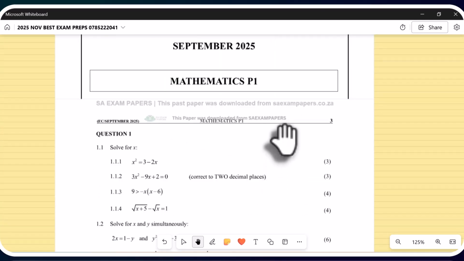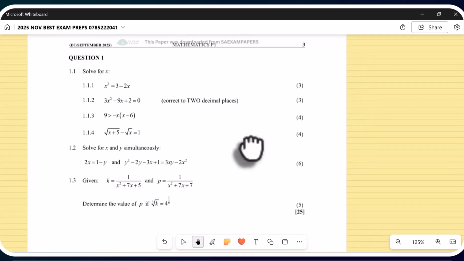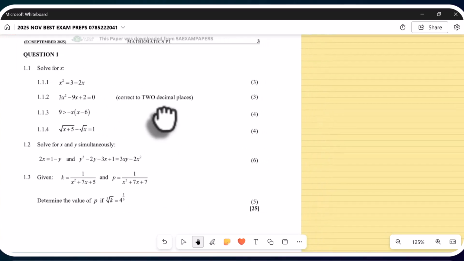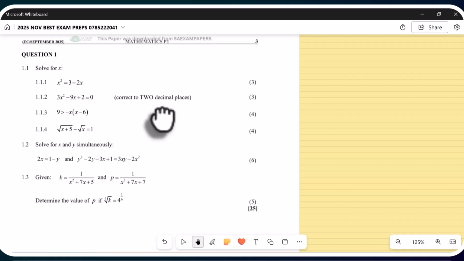Now here they say, again, another quadratic. I hope now you know. We use the formula x equals minus b plus or minus the square root of b squared minus 4ac, divided by 2a. So in here, our x equals, now our b is negative 9, so negative of negative 9, then plus or minus.